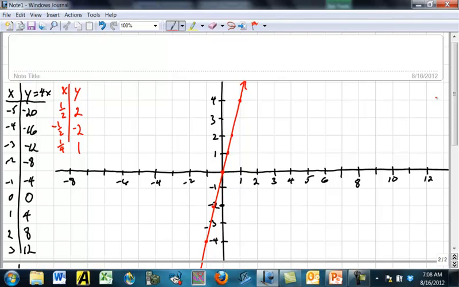Now, notice that there's no guarantee that the points that you have picked over here in this table will necessarily be the same points that will fit in this window.